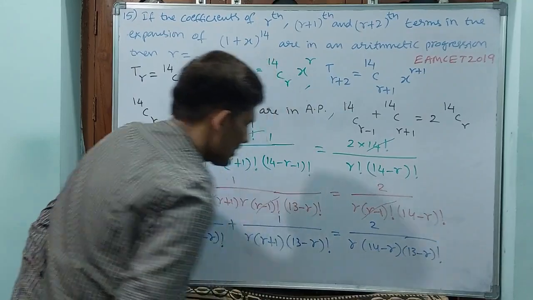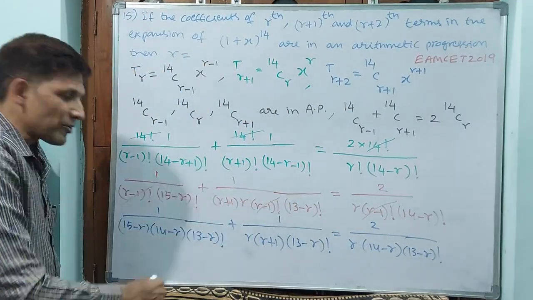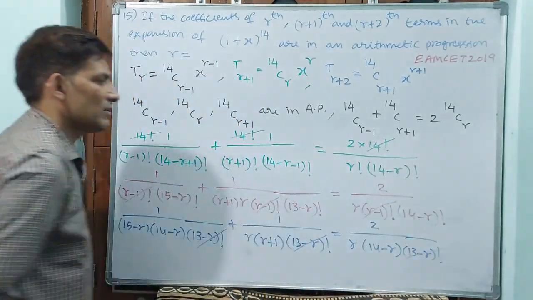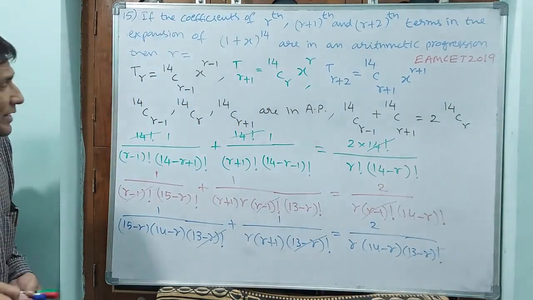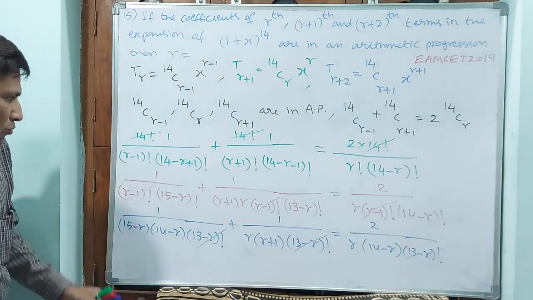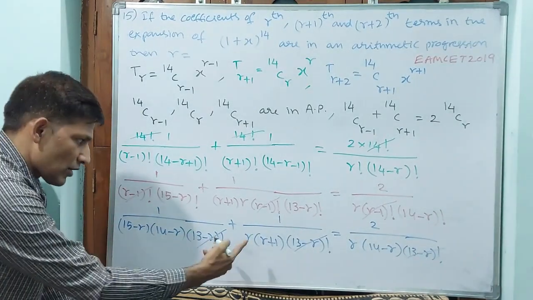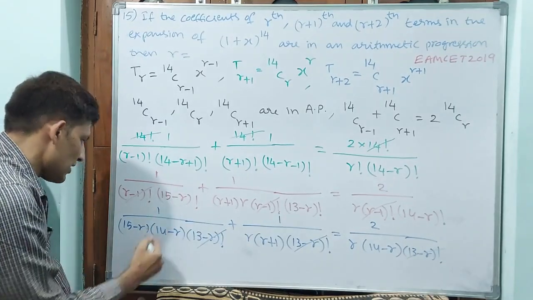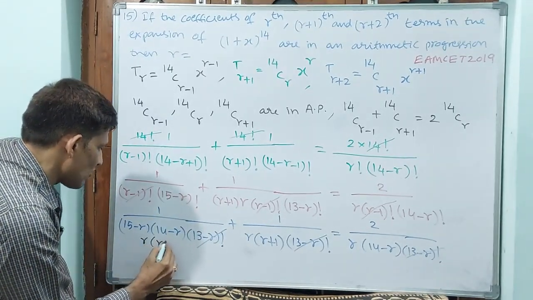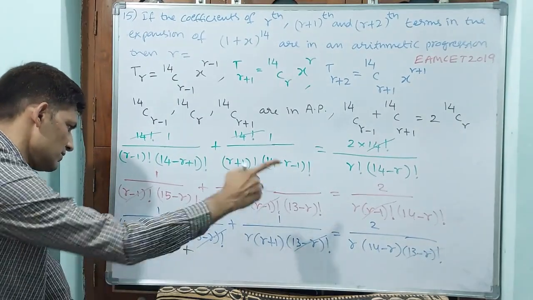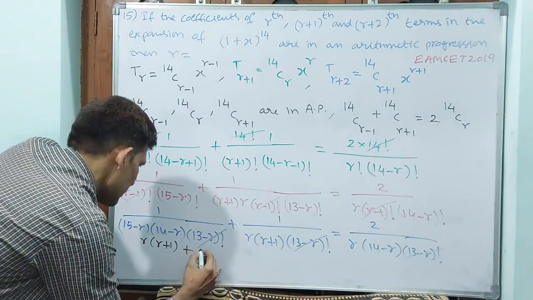Okay. Now see all 13 minus r factorial cancel out. Okay. Now what will happen here? First you cross multiply. r into r plus 1, see what I am writing. r into r plus 1, okay, plus this one, 15 minus r into 14 minus r.